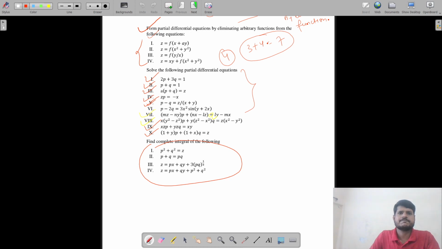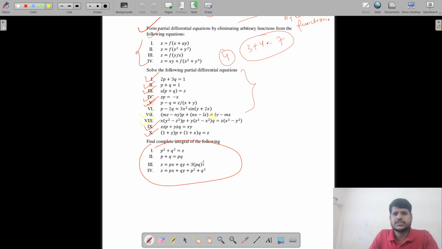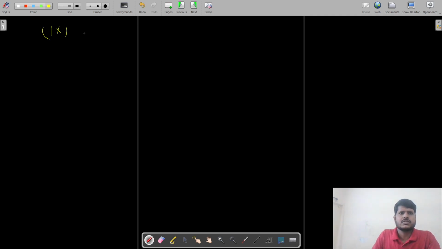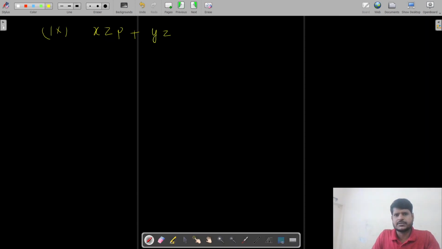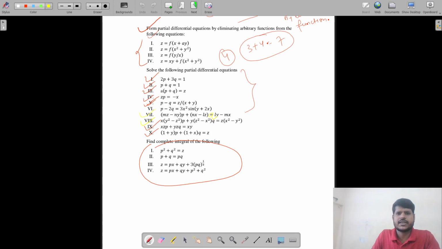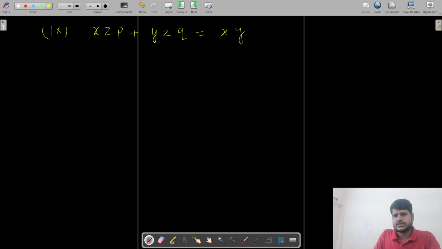We have the ninth problem here, that is xzp plus yzq equals xy. Now we have to solve this problem.